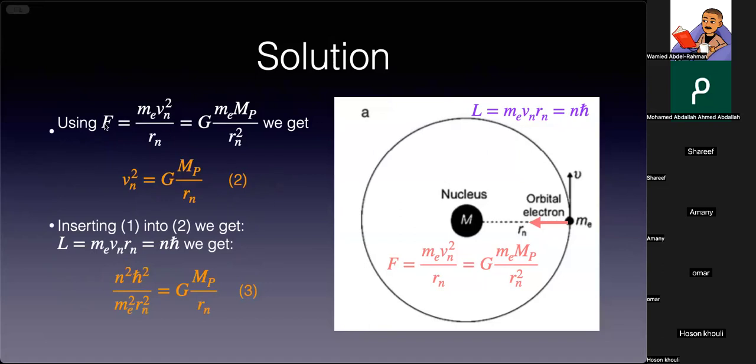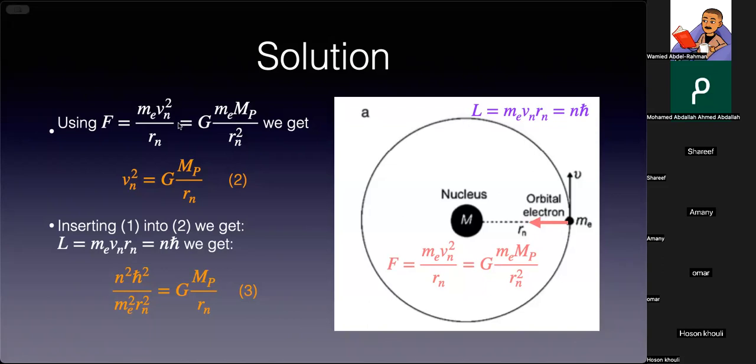So now for the force, remember, we're replacing the Coulomb force by the gravitational force, and the gravitational force is given by the capital G, the universal gravitational constant, multiplied by the masses of the two particles. So we have the mass of the electron multiplied by the mass of the proton, divided by the distance squared between the two.